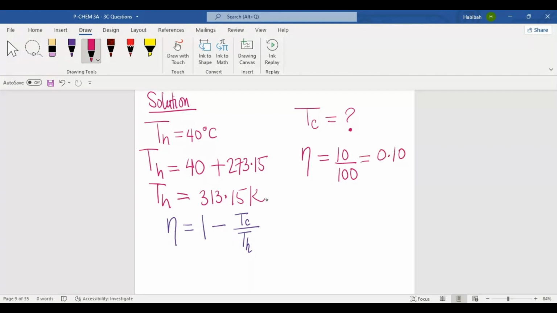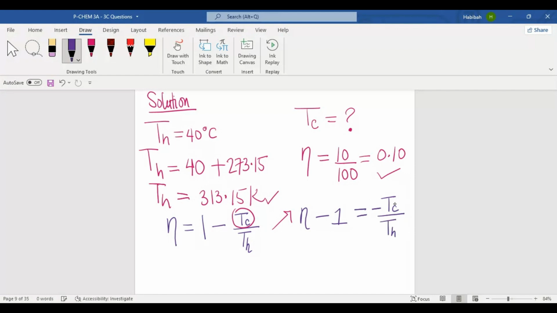So we have the temperature of the hot source, we have the value for efficiency, and we're supposed to determine that of the cold sink. But before we go ahead, let us not forget that we can rewrite this formula so that it's easy for us to do the math. We can say efficiency minus 1 is equal to negative TC divided by TH.